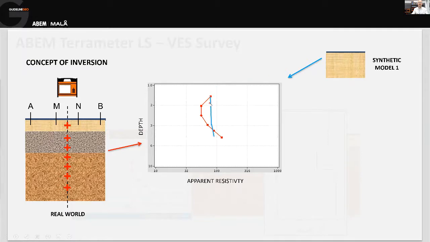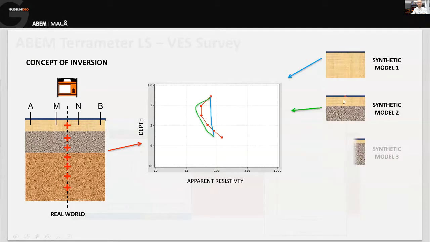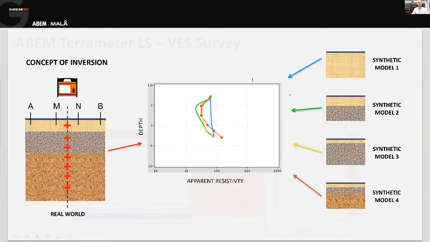So here you see that the model data doesn't fit with our raw data. So the inversion software changes the model and tries again. And it keeps changing the model until it gets somewhere close to a good fit between the modeled data and our true data from the field.